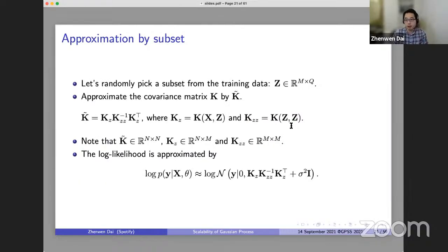The idea of that low rank approximation is also quite simple. It's very much related to the subsampling idea we just briefly touched on.